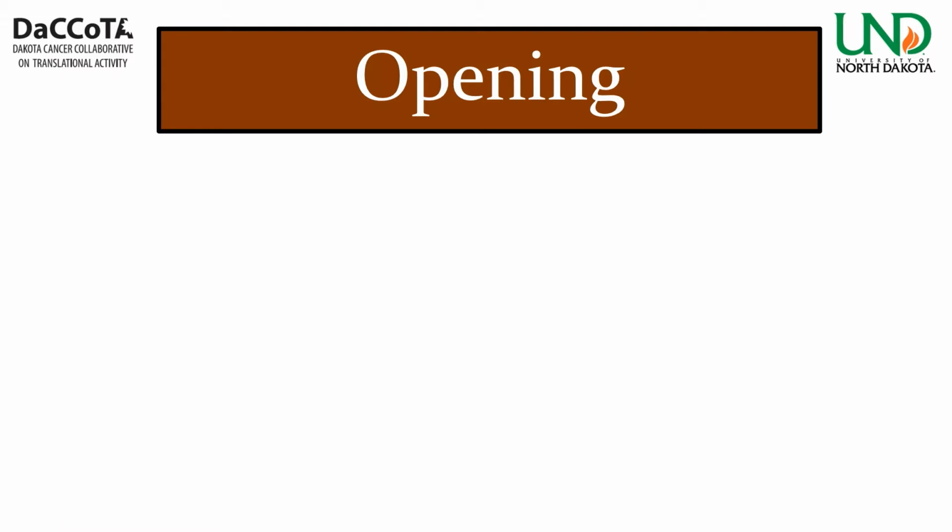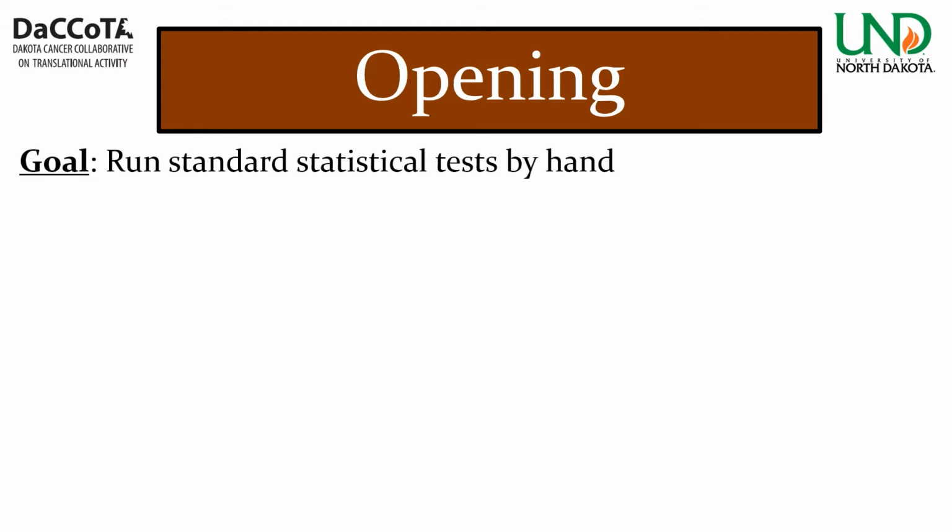So our goal for this talk is to run standard statistical tests by hand, unsurprisingly, since I monikered this stats by hand. Here's a quick run through of what we'll cover. First, we'll have a compacted history of statistics to provide the appropriate context for doing things by hand compared to the computer analysis that most people do for statistics all the time.